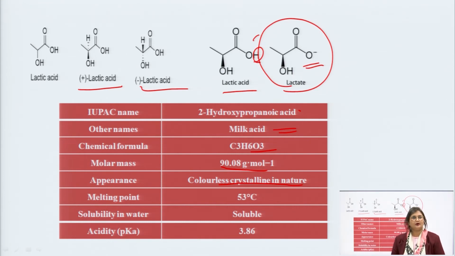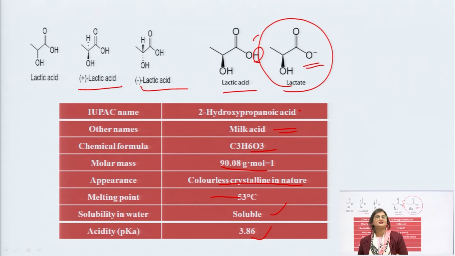It has a melting point of 53 degrees Celsius. It is soluble in water. It has a pKa of 3.86. So, these are the various properties of lactic acid. Lactic acid, also known as milk acid, is produced from milk.